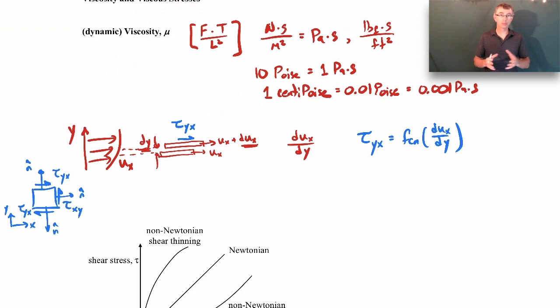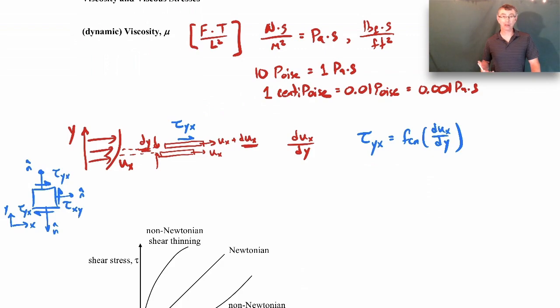The force required to pull a spring apart depends on how much you deform the spring. That's true for solids. When you deal with liquids, the force that's required to move the fluid is related to the velocity gradient. Not how much you deform the material, but it's related to the velocity of the material and how the velocity changes between neighboring bits of fluid. So our shear stress in a fluid is related to the velocity gradient.